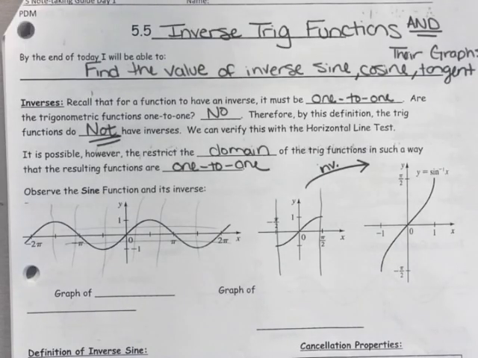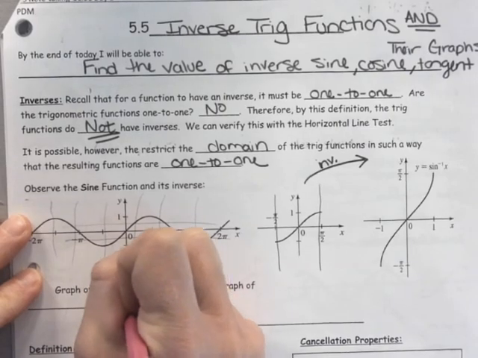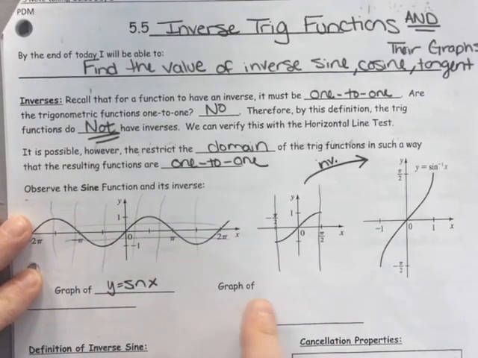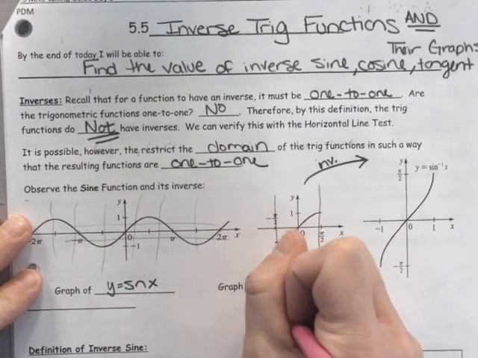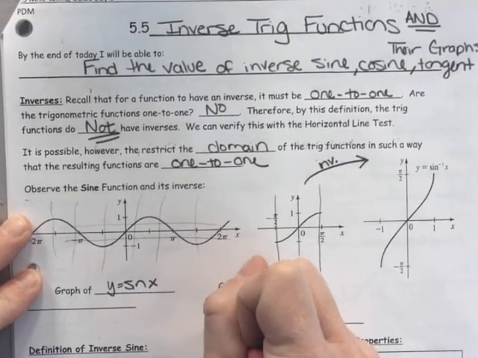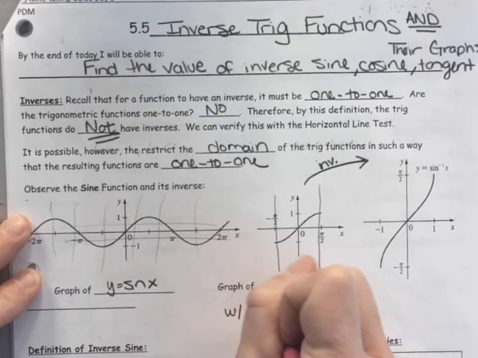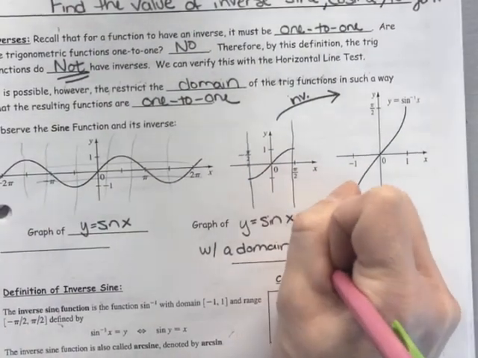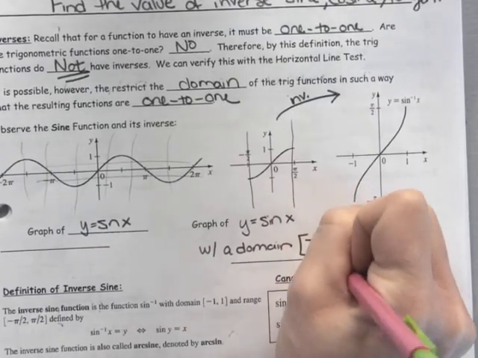We've seen that notation before. Okay, so this is the graph of y equals sine x. This is the graph of also y equals sine x, but with a domain of negative pi over 2 to pi over 2.